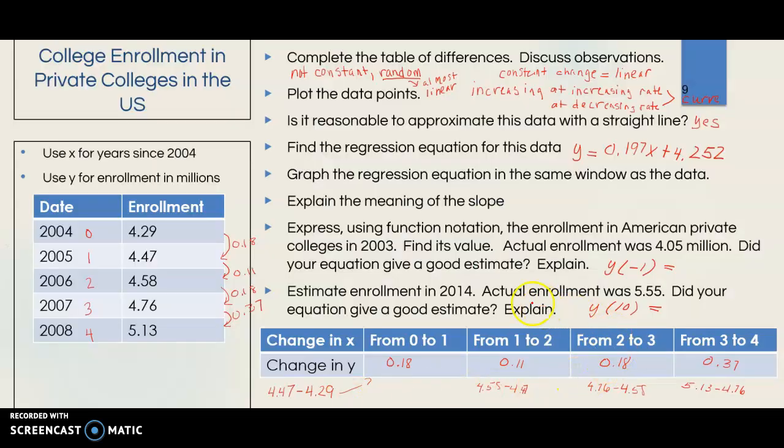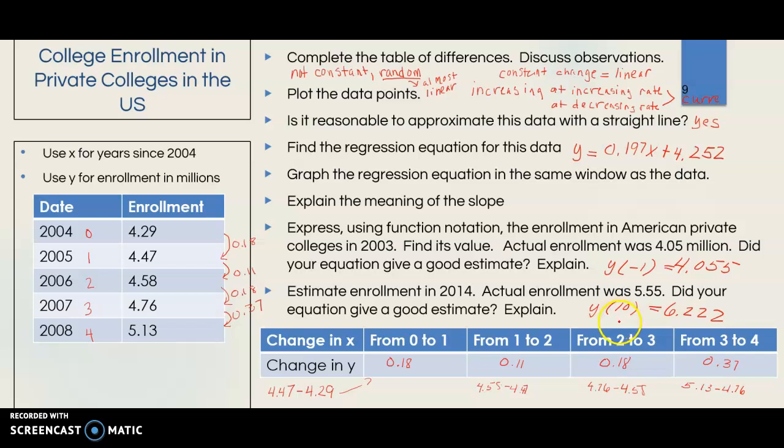So this first one is 4.055, which is very, very close to the 4.05 that was actual. This last one we found, 6.222, is not close to the actual. And that's because we would expect that in 10 years' time, the trend would change.